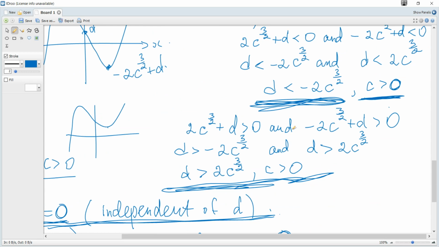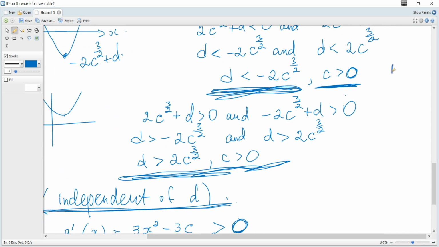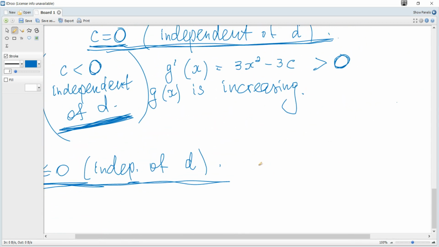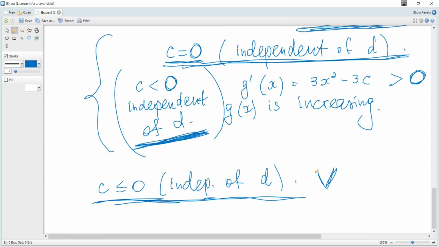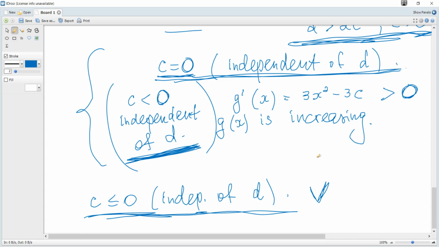And also these two situations: when c is greater than 0, d is less than this value, or when c is greater than 0, d is greater than this value. So the answer is this, and this. And that's all for this question.